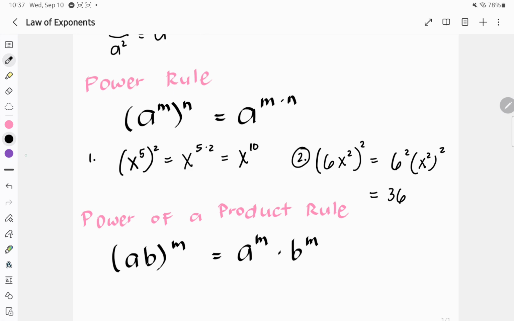Using the power rule, x raised to 2 raised to 2 is x raised to 2 times 2. And that is 36x raised to 4. That will be the final answer.